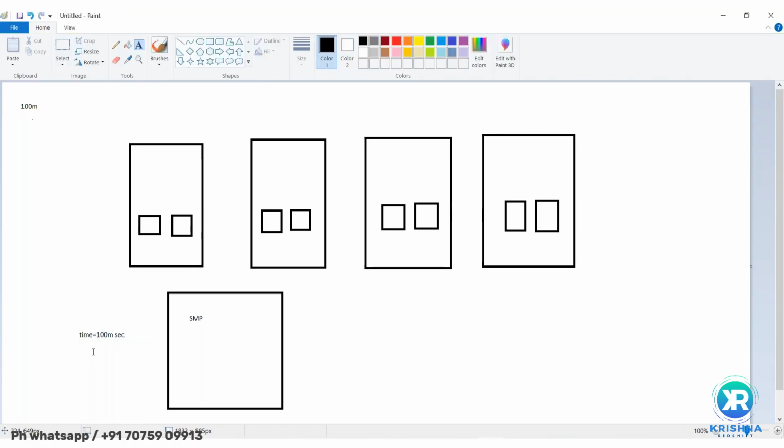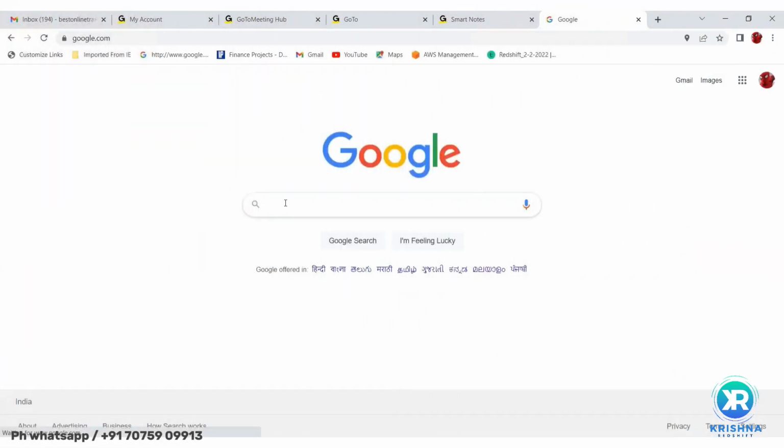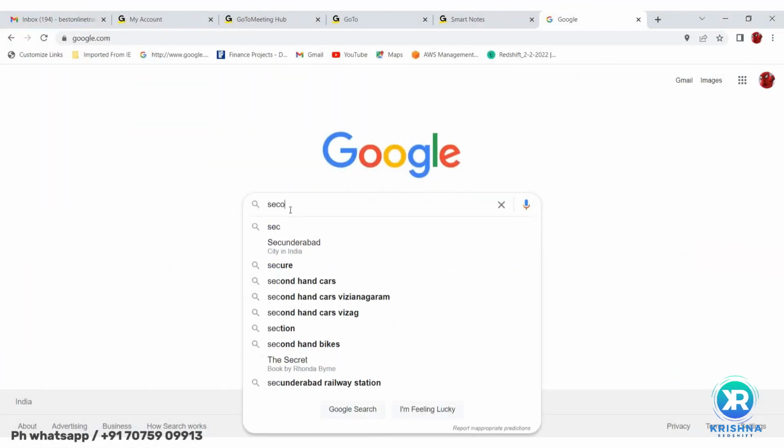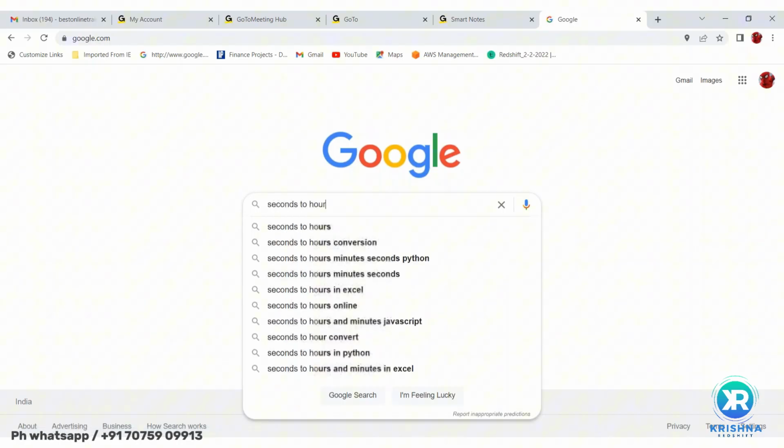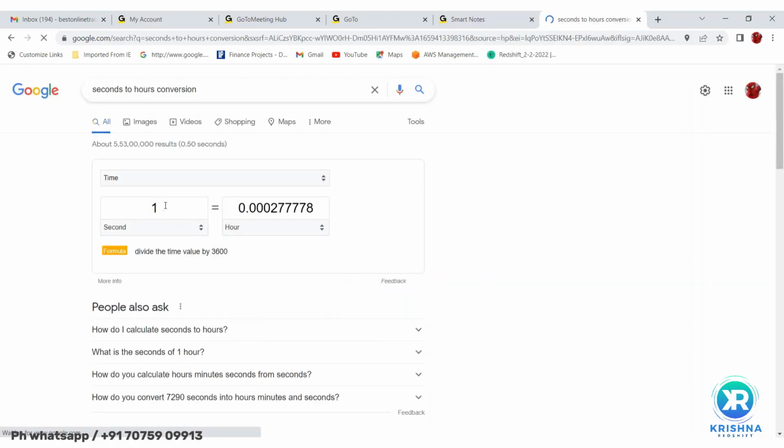Now convert seconds to hours. 100 million seconds.